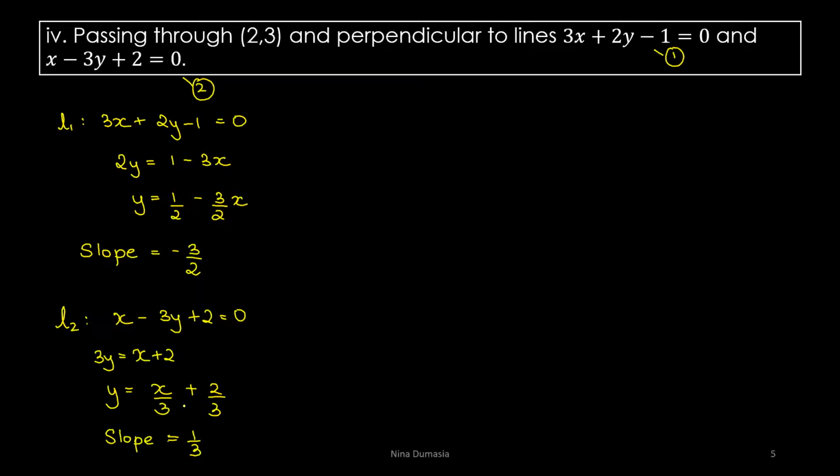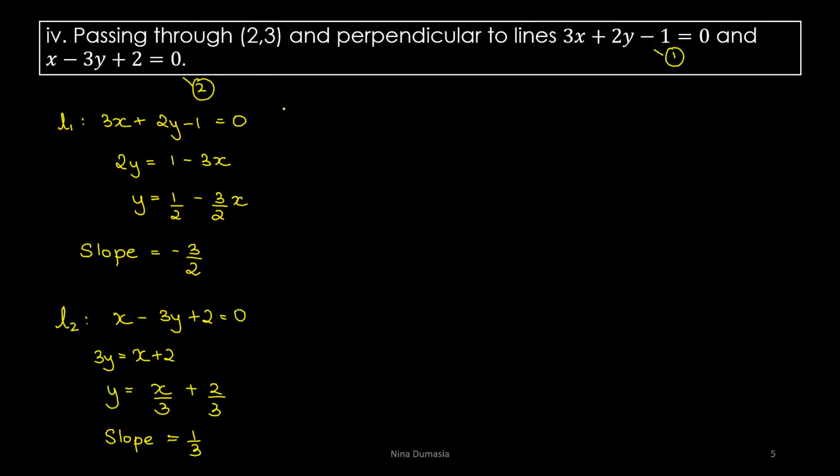Our required lines are perpendicular to them. So what will their slope be? It will be the negative reciprocal of these slopes. We know m1 into m2 is minus 1. So m into this is minus 1 and then m into this is minus 1.